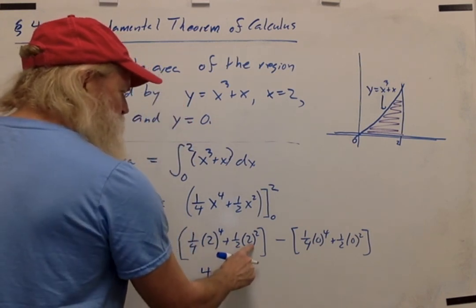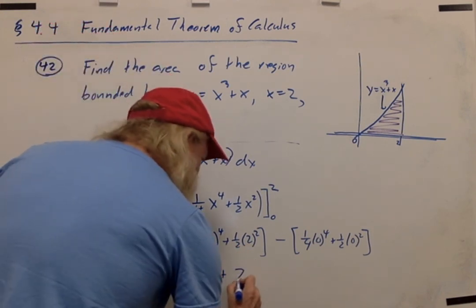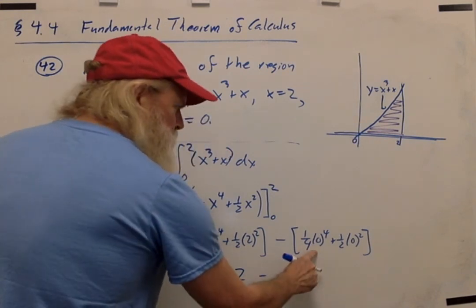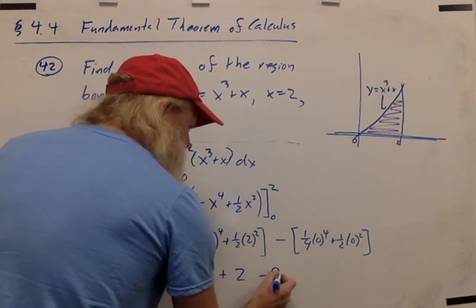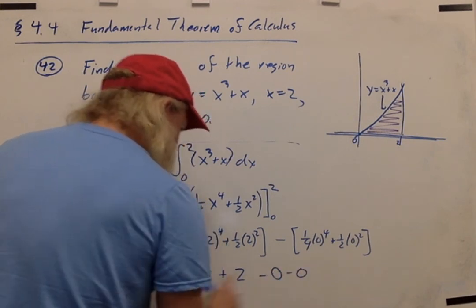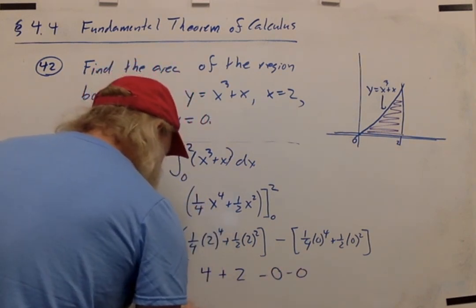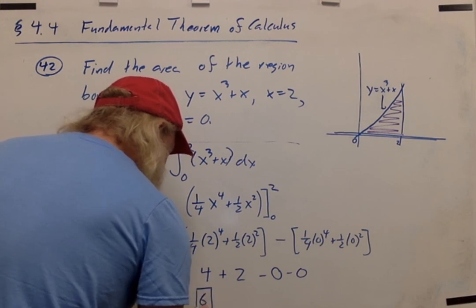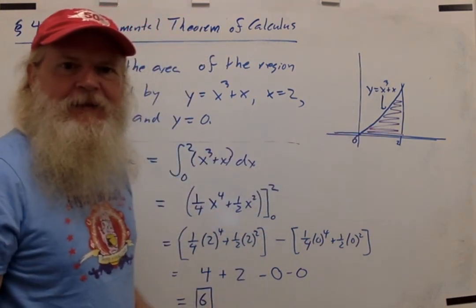A half of 2 squared is half of 4, which is 2. 1/4 of 0 to the 4th is 0, and half of 0 squared is 0. And then 4 plus 2 is 6. So the area of this region is 6.